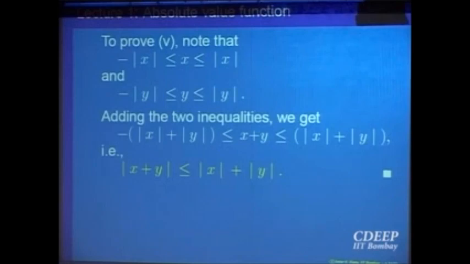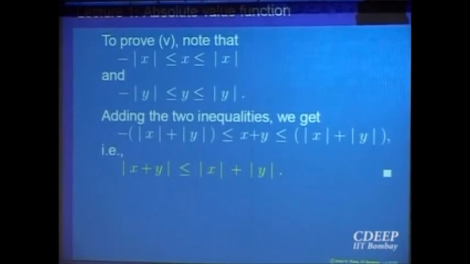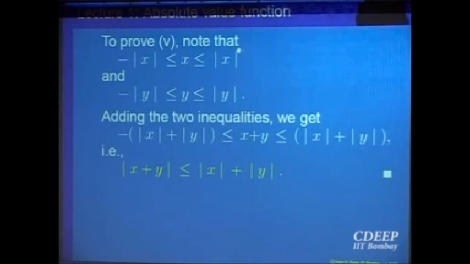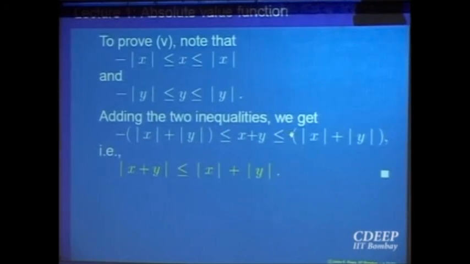That is why I said it is a consequence of the previous one. If you add, you get minus mod x minus mod y is less than x plus y is less than mod x plus mod y. That says minus b is less than or equal to a is less than or equal to b for a non-negative number b. That means mod of the middle one is less than or equal to b. That is triangle inequality. So that's how simple, without going to cases, you can prove it as a consequence of this. That's how we do it in mathematics.